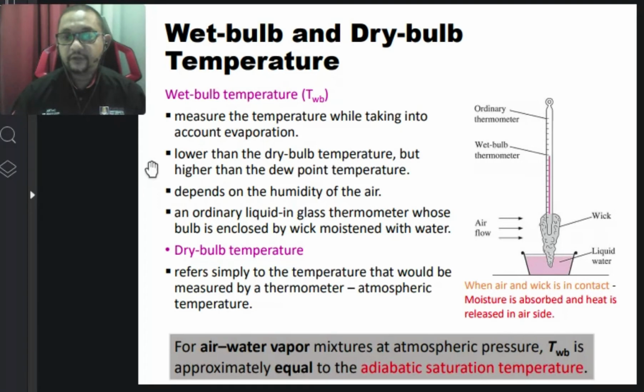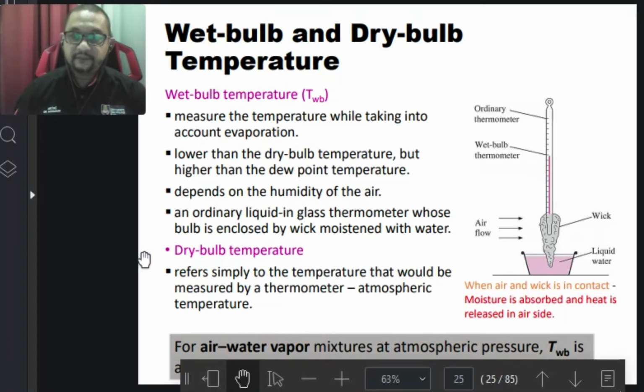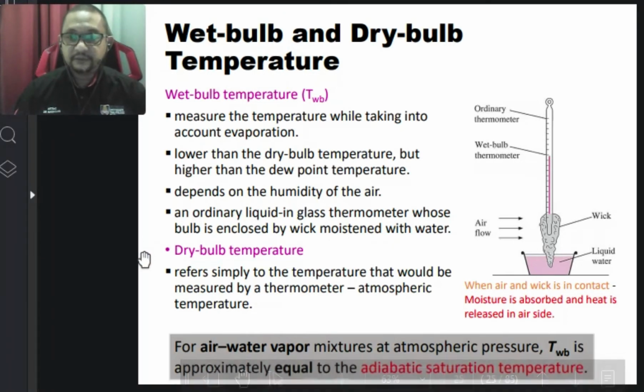So it is an ordinary liquid in glass thermometer whose bulb is enclosed with moisture, with water. The other is the dry bulb temperature. Dry bulb temperature simply refers to the temperature that would be measured by a thermometer, that means atmospheric temperature.